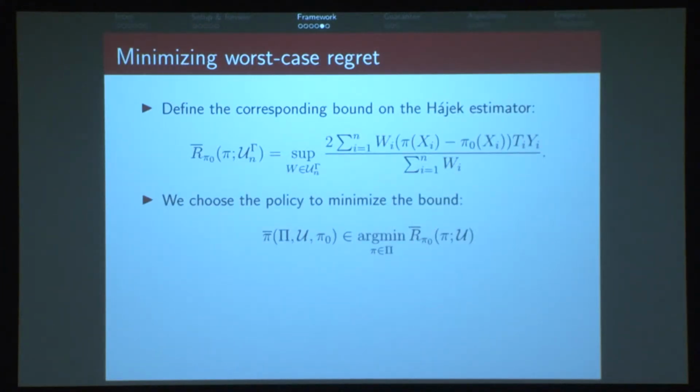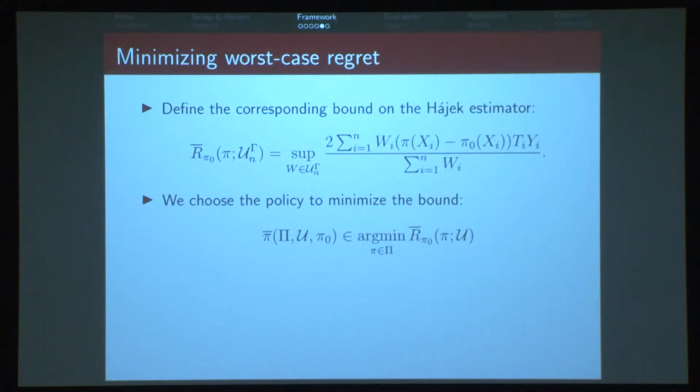So what I'm going to do is pretty straightforward. I'm going to say, let's take that Hájek estimator I had before and say, well, I don't know what W star is. Let's take the worst case over this uncertainty set. Okay? And I'm going to find this R bar. Okay? This is the worst case Hájek estimate of regret. And what I'm going to do is I'm just going to play a game, pi versus W. I'm going to try and minimize this ratio, and W is going to try and maximize this ratio.